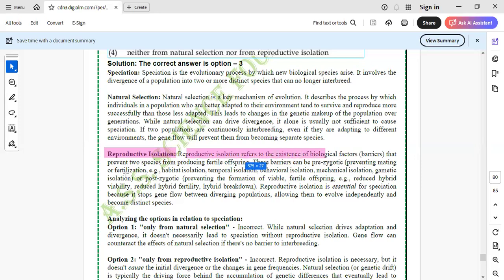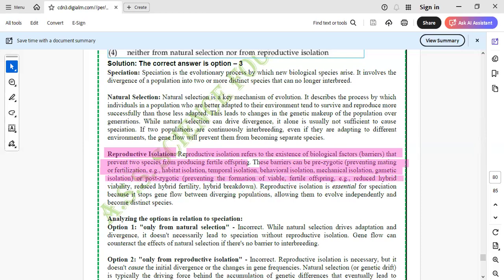Reproductive isolation refers to the existence of biological factors, we have studied this in detail, that prevent two species from producing fertile offspring. These barriers can be pre-zygotic, preventing mating or fertilization: habitat isolation, temporal isolation, behavioral, mechanical, gametic, everything, preventing formation of viable fertile offspring. We have studied all of them, right?